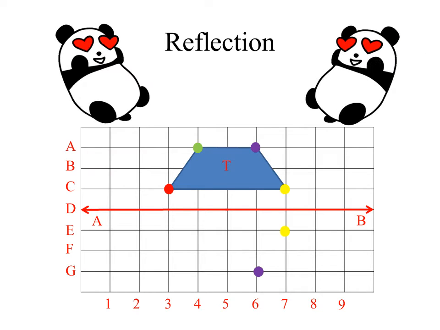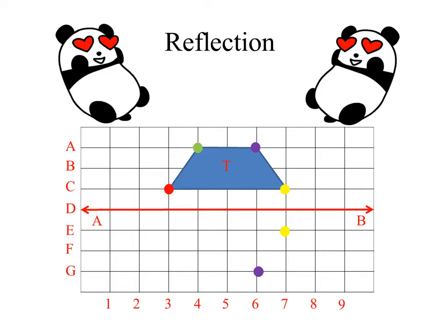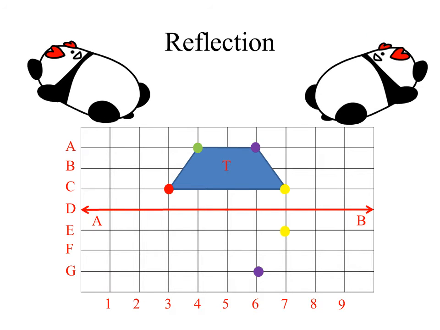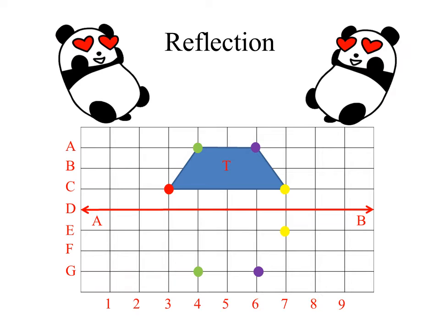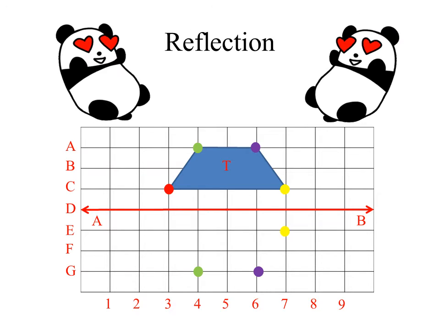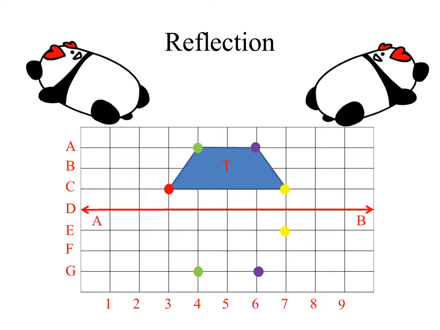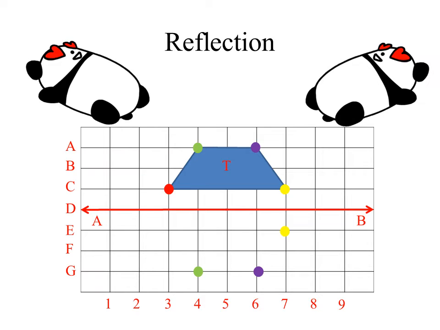Next one, the green point. What about that one? If you said G4, you'd be correct. Just like the purple one, it is moving 3 units to our axis of reflection and 3 beyond.